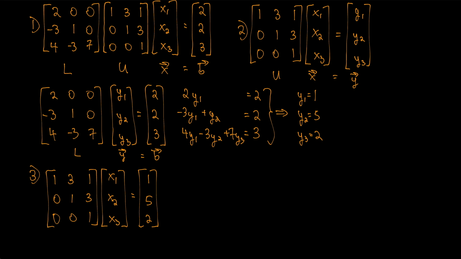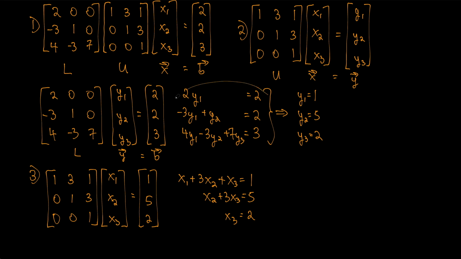So that gives us a top equation of x1 plus 3x2 plus x3 equals 1, just by reading off that row. Second equation, x2 plus 3x3 is equal to 5, and x3 is 2.